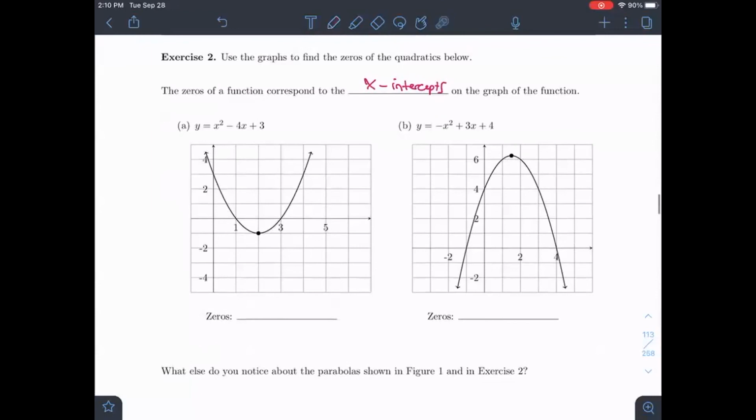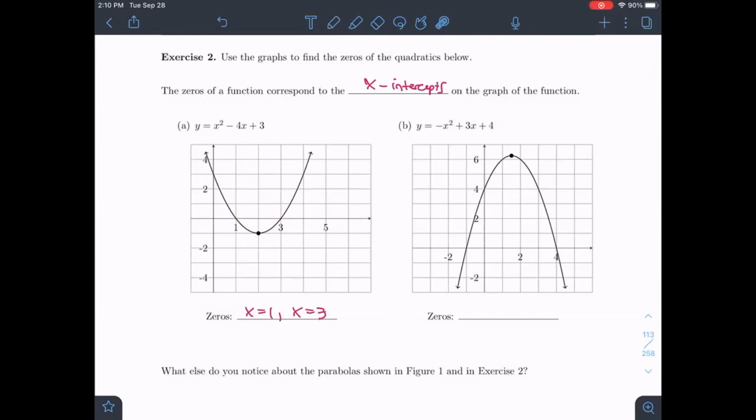I'm going through a couple of examples. We have that this is y is equal to minus 4x plus 3. What are the zeros of this function going to be? Yep, x is equal to 1 and x is equal to 3 are going to be zeros. It's where the graph intersects the x-axis right here.